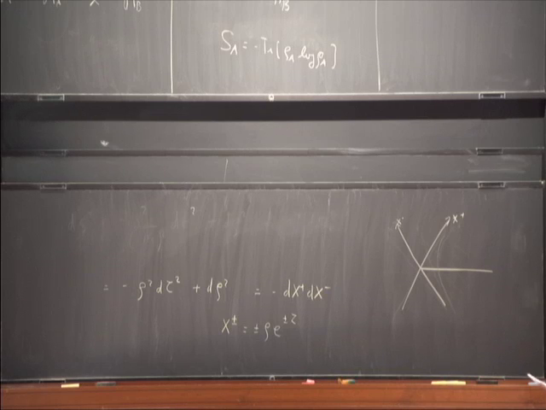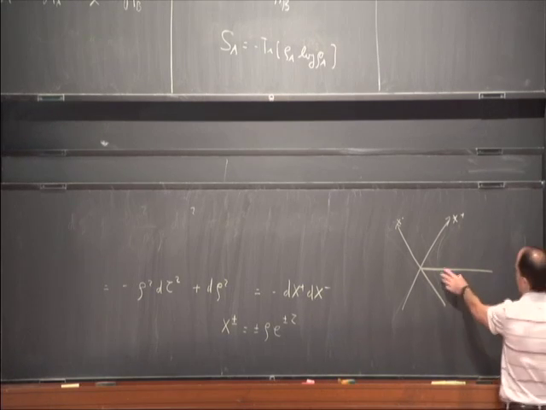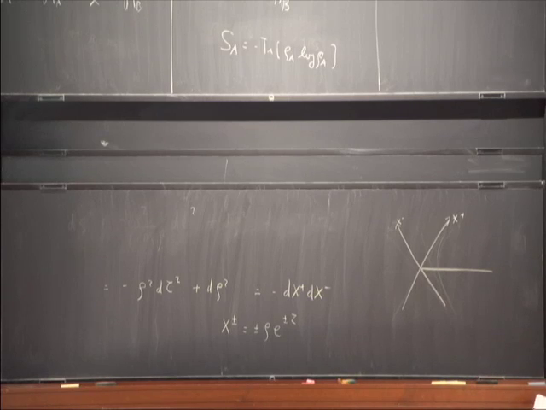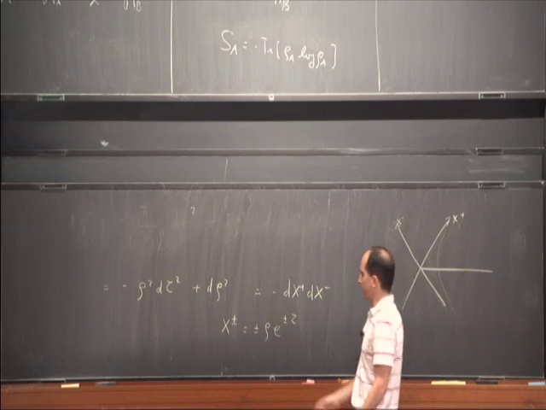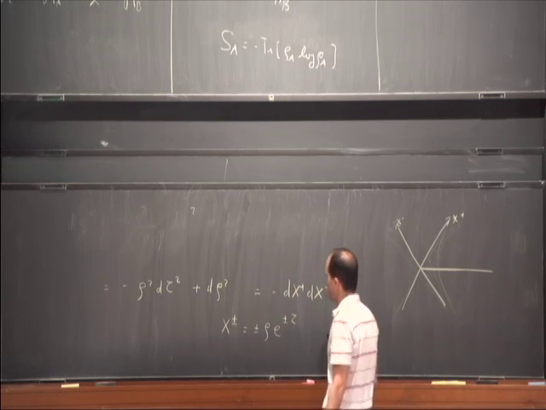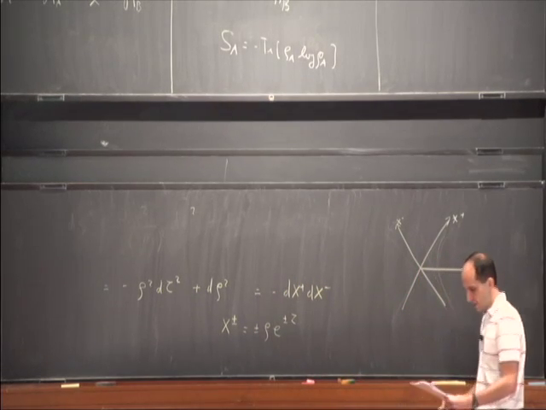But let's consider those. And for those, it's reasonable to consider these Rindler coordinates and to look at the state in Rindler coordinates. And we've seen that the state in Rindler coordinates is a thermal state.